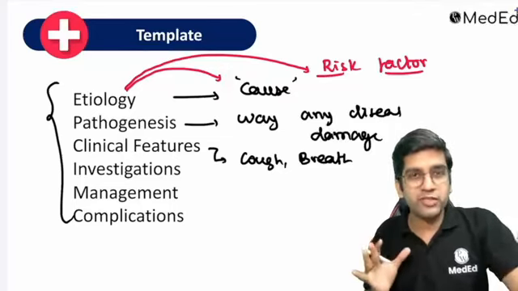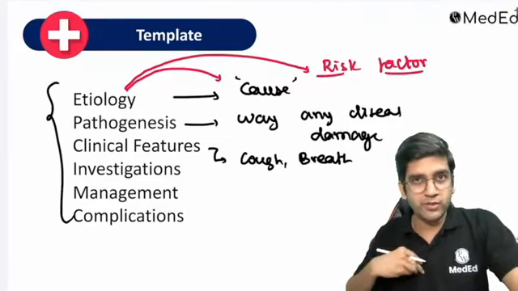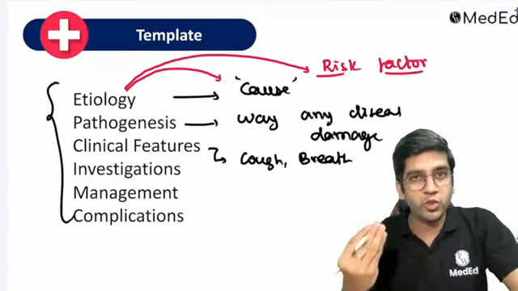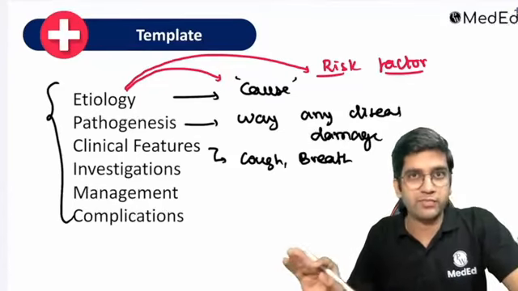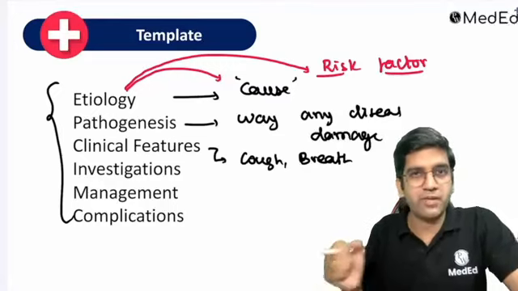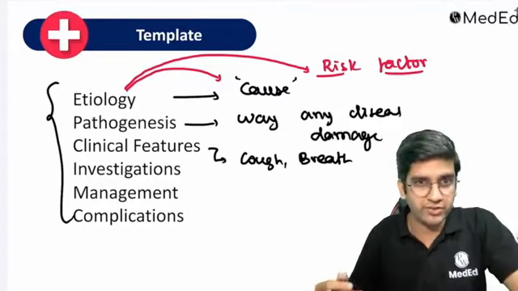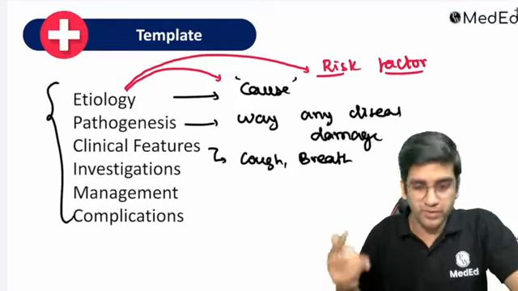So to put in simple terms, my disease has caused a pathogenesis inside the body. How the patients present to me is a clinical feature, right? As simple as that. Any disease. If it's blood sugar, the patient is having hyperphagia, eating more, urinating more, which is a clinical feature, right? That's what clinical feature means.